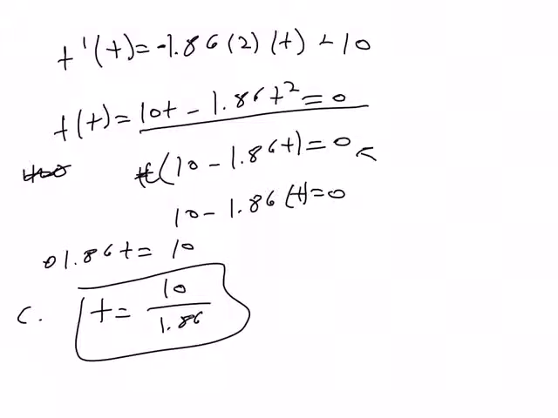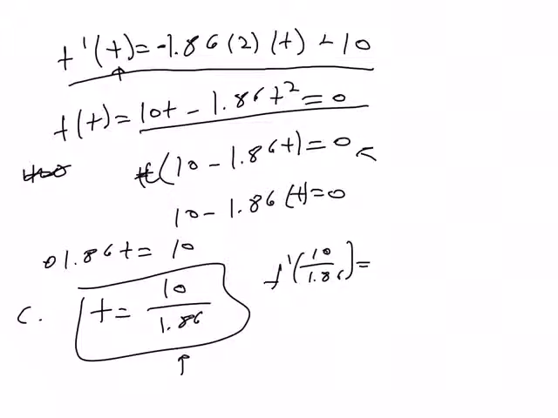And now problem D asks, with what velocity will the rock hit the surface? Well, you take the velocity, right? We're trying to find the slope of the tangent line at the time when we hit the surface, exactly here. So you take f prime of 10 over 1.86. That's going to get you negative 1.86 times 2 times 10 over 1.86.